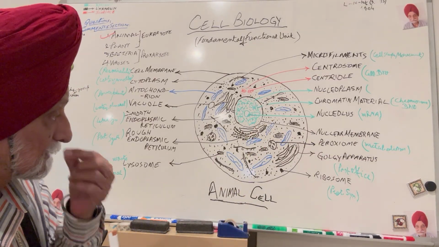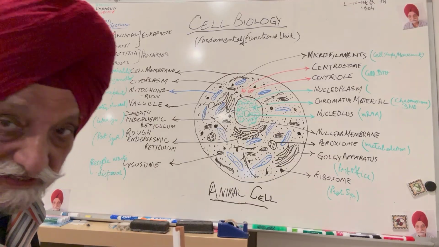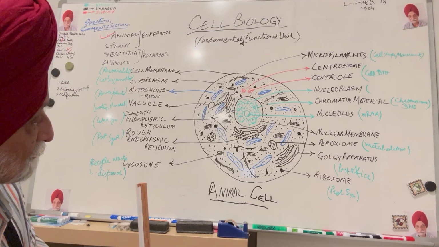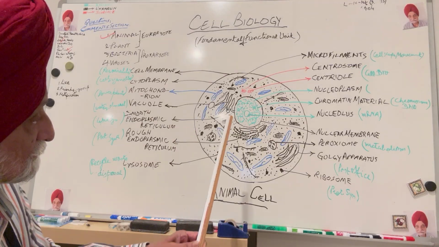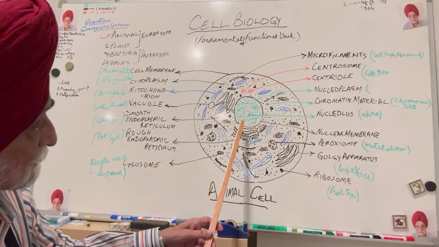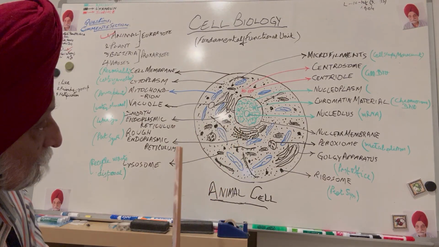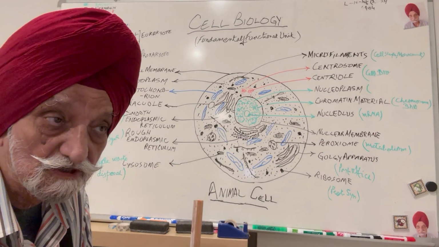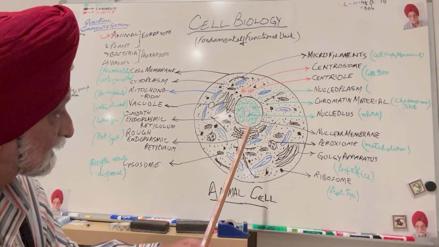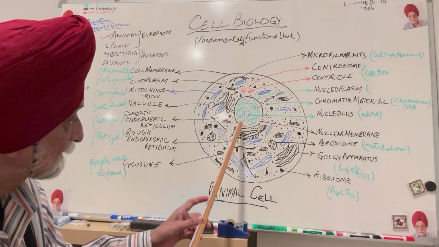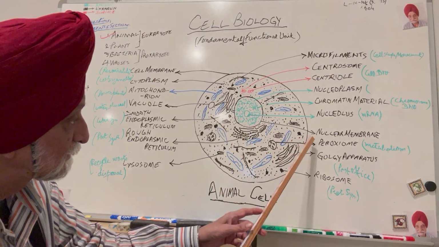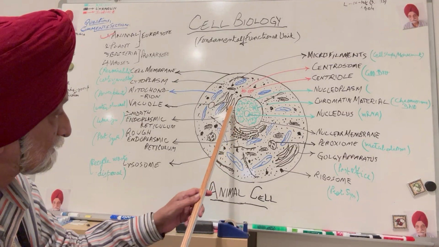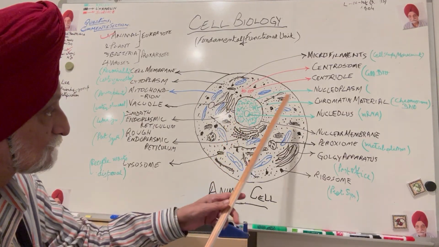Now, coming down to the cell organelles. The first cell organelle, which is important, is called the nucleus. It lies in the center of the cell, therefore it's called the nucleus. Now, the nucleus has a membrane, also called the nuclear membrane. Inside the nuclear membrane, there is a fluid called the nucleoplasm.